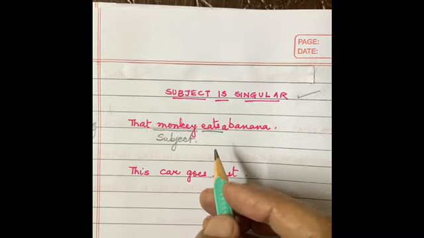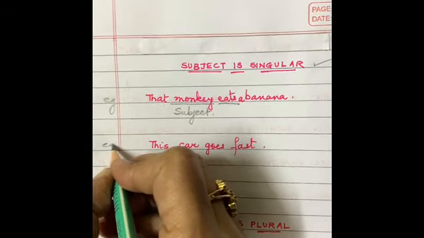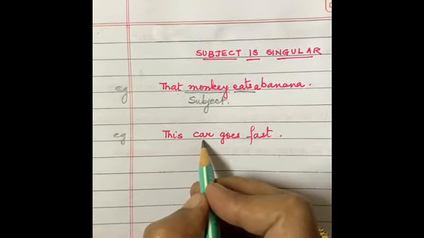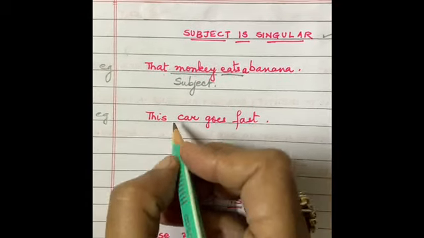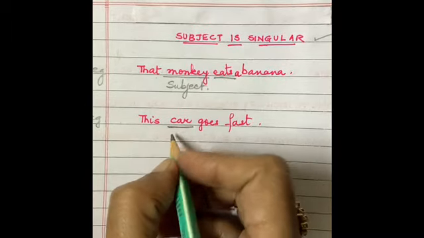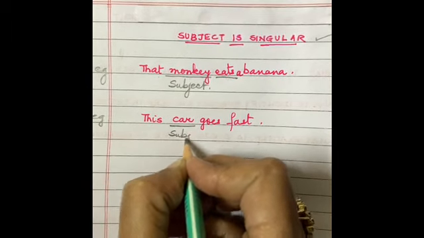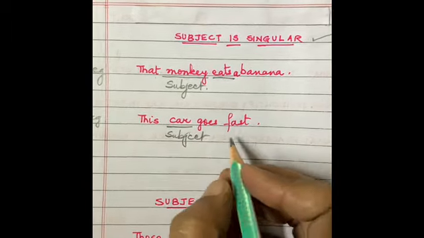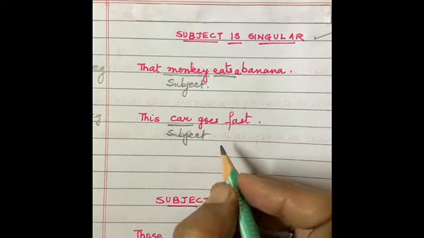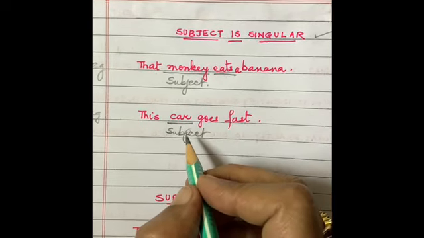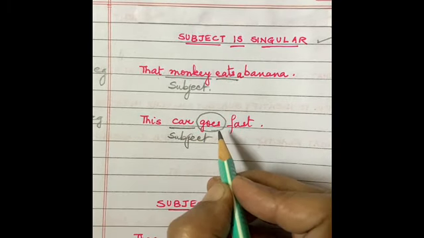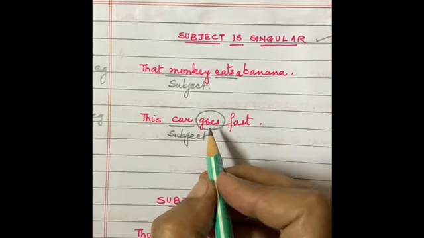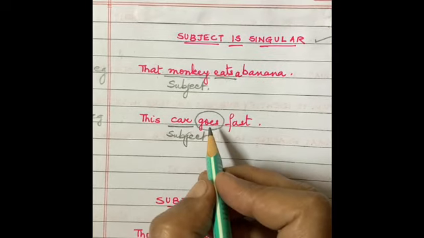Let's look into one more example. This car goes fast. Here, the subject is car, which is singular. So the verb will also be singular. In this case, it is goes.